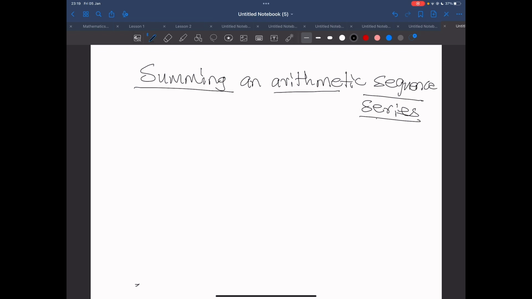Now, one of the greatest mathematicians was in class one day and was asked to calculate the sum of the first 100 natural numbers.